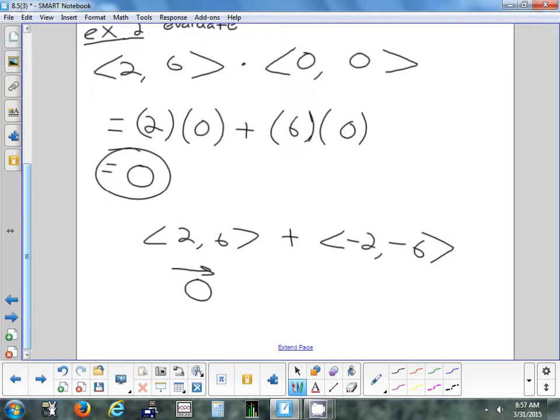In this case, it would be the 0 vector. When you do a dot product, the answer is always a number. In this case, the 0 number. Any question on the difference between 0 number, 0 vector? You could also do the 0 in bold. That's how your book would do it. But just keep that idea in mind. Difference between 0 as a vector and a number. Dot product, always a number.